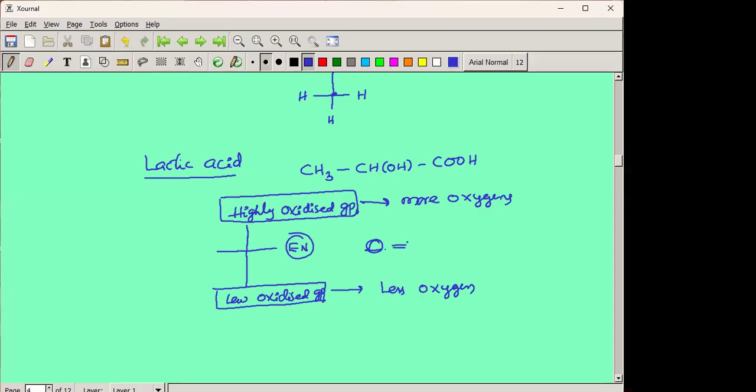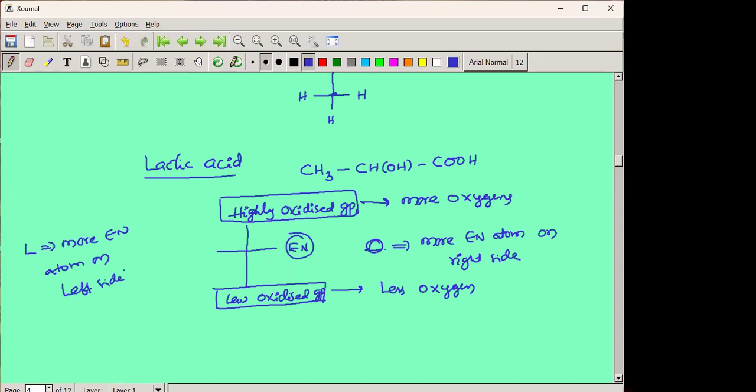If it is D, what happens? The more electronegative atom is on the right side. If it is L configuration, the more electronegative atom is on the left side.